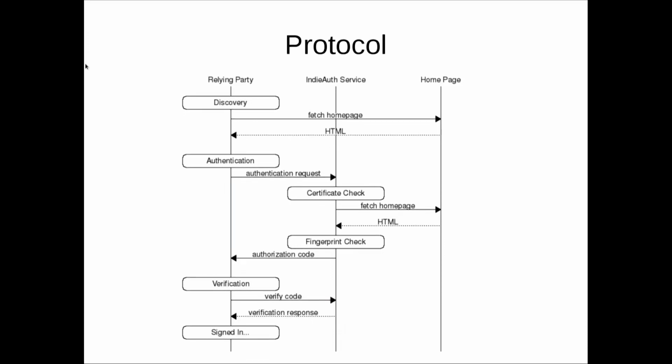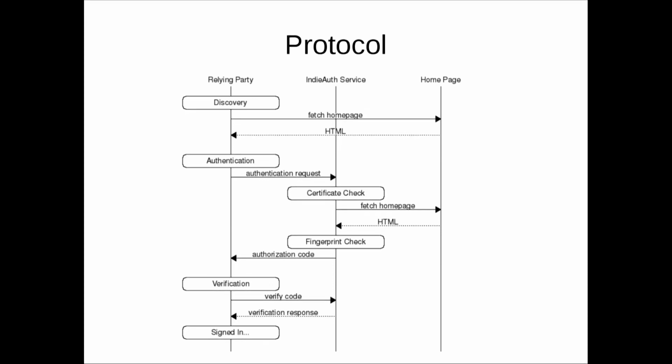Well, the protocol starts at the relying party or the client that wants to authenticate the user. It will first fetch the homepage that the user provides in the box, in a few slides back, where you provide your domain. It will fetch the homepage and see what kind of authentication server you configured there. Then it will start the authentication by redirecting you to the service.